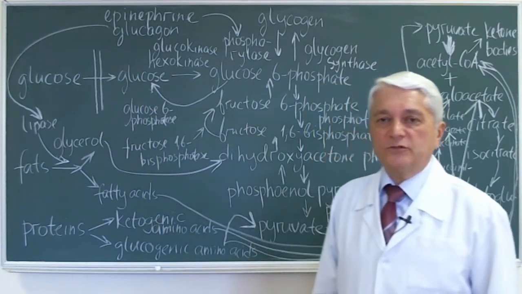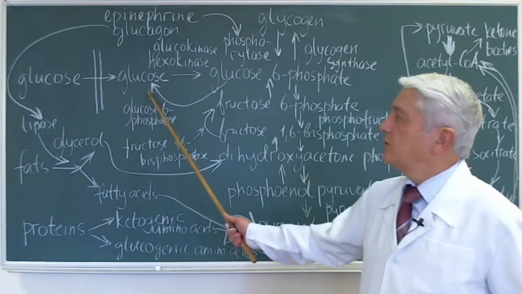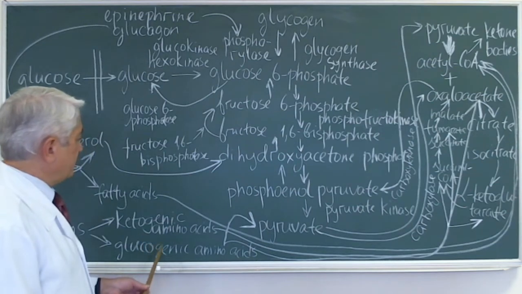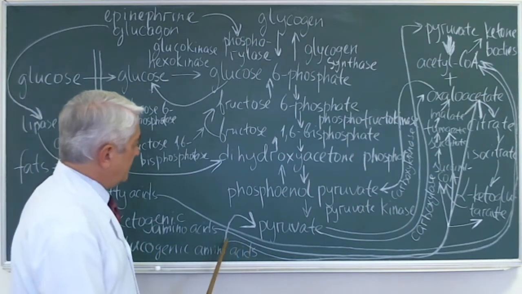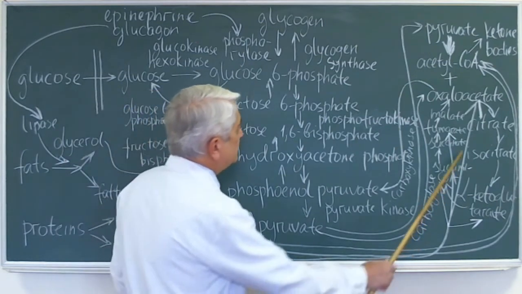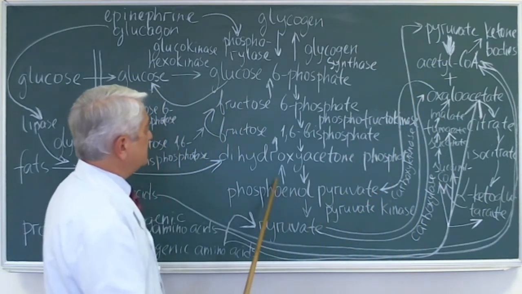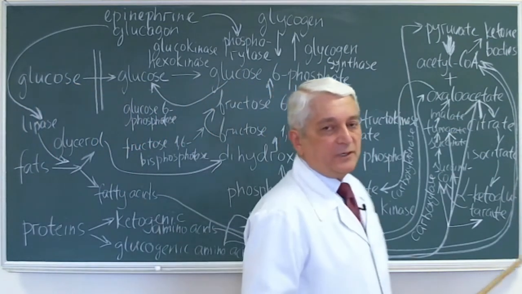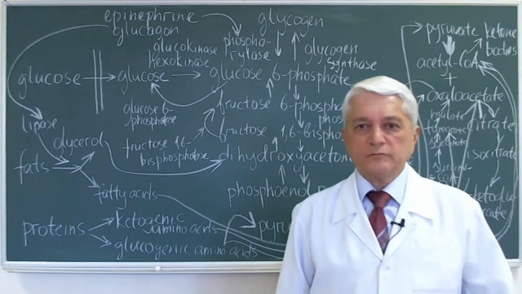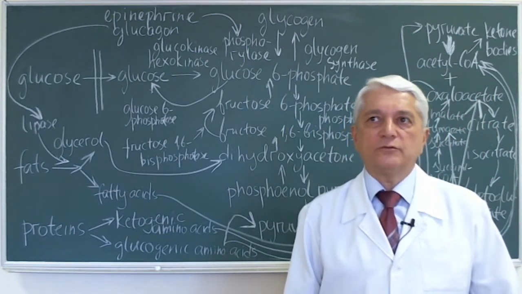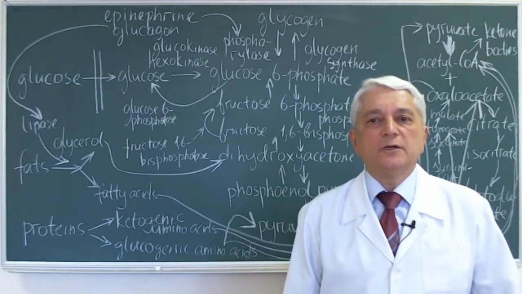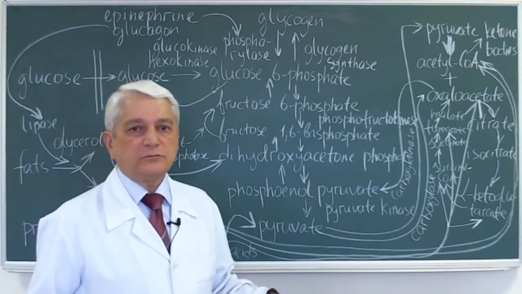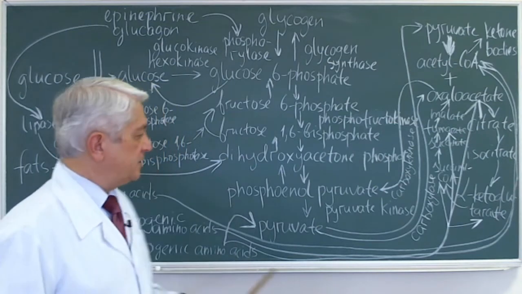So after this we can simply say, oh yes, aspartate is glucogenic amino acid, because in this way we are receiving glucose. Let's take another example. For example, glutamate. Glutamate is also glucogenic amino acid.